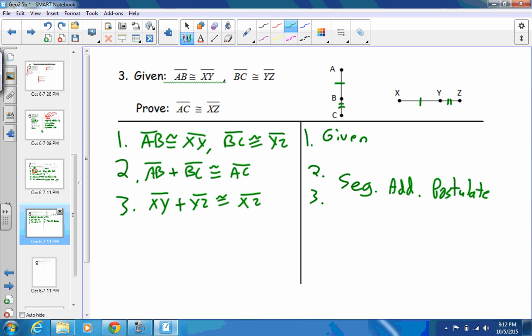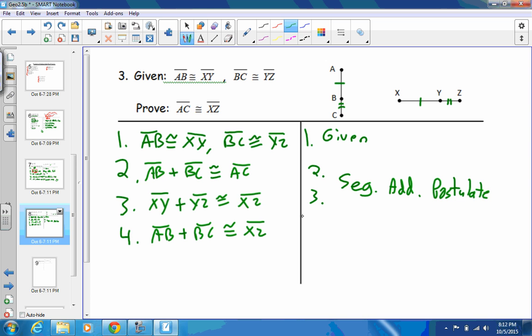Okay, now let's see if we can. Well, we could plug some things in here. So since AB is congruent to XY, let's plug in AB for XY. So segment AB, and let's do plus segment BC. We're going to plug both of those in here, and that would be congruent to segment XZ.